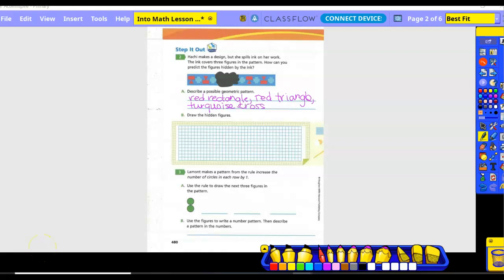Okay, so what do you guys notice about the red triangle and the red rectangle? They go up and down. Okay, so it either goes the triangle on top or the triangle on the bottom, right? Or vice versa for the rectangle.